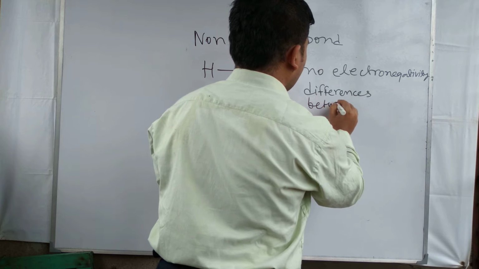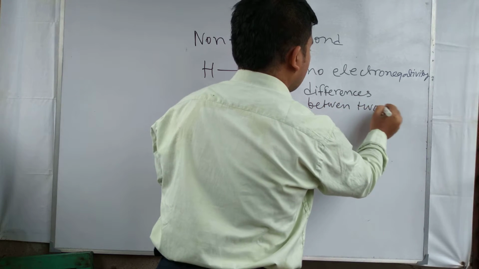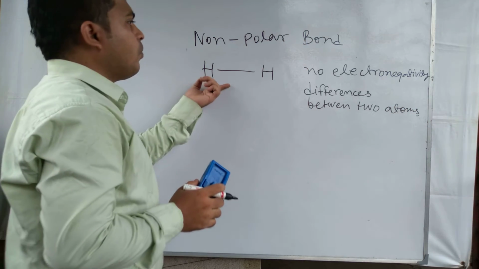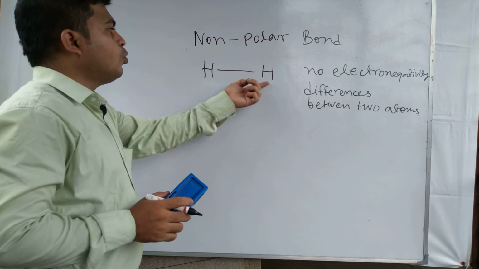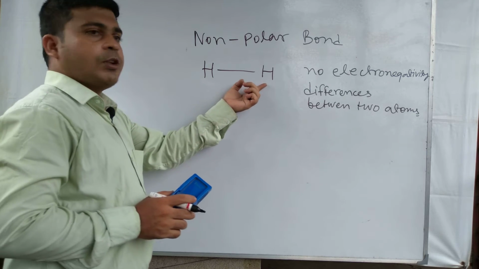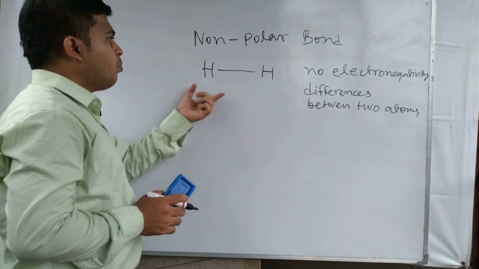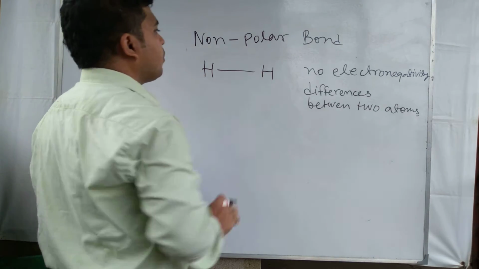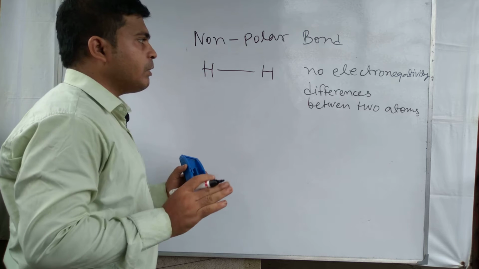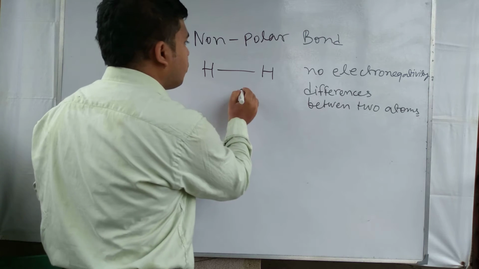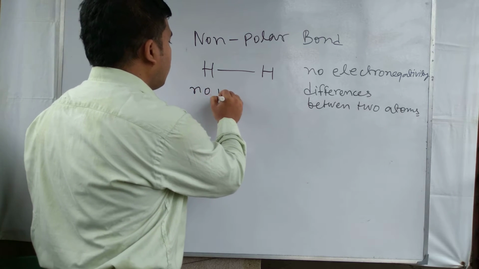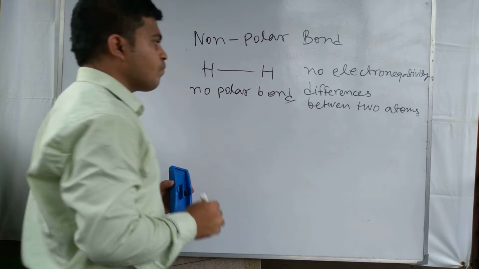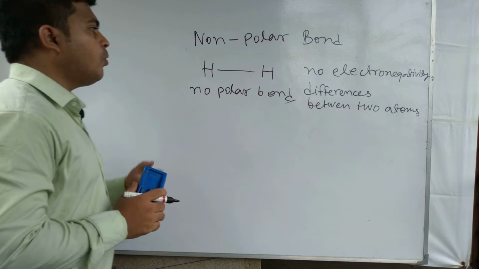For a molecule where two atoms are bonded together but have no electronegativity difference, these two atoms have equal electronegativity. So for this reason this bond is called a non-polar bond.